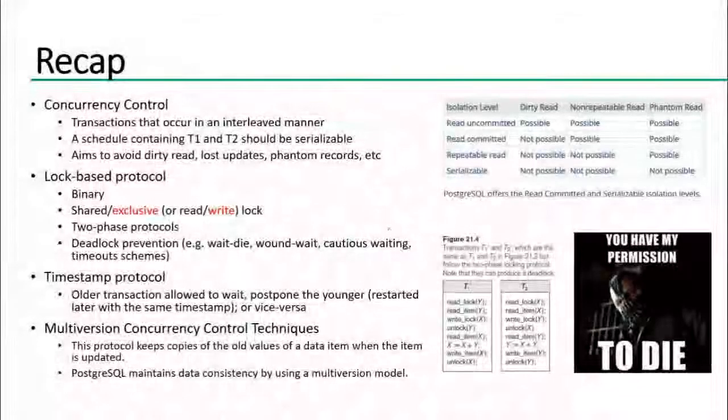So let's start doing some recap about what we have seen last week and also in this week's lecture. We talked about concurrency control. Concurrency occurs when you have two transactions happening simultaneously on a database and changing, reading, writing the same data item simultaneously.